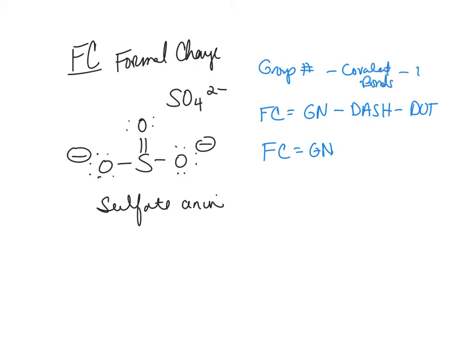And the dots are lone pair electrons. So if you look at sulfur, sulfur has a group number of 6. It's group 6. It has how many dashes? 1, 2, 3, 4. So it has 4 covalent bonds, and it has 0 lone pairs.